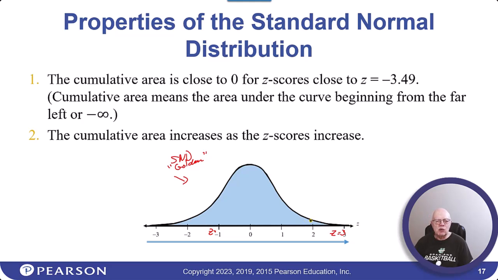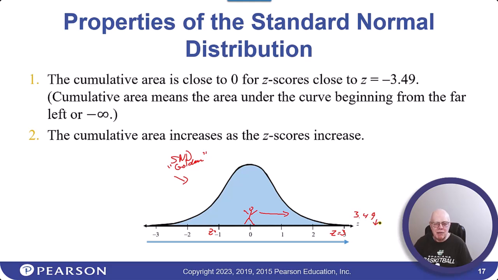If you started walking from the axis of symmetry, the mean, and you're painting under the curve, once you get out to about 3.49, you can just about put your paintbrush away. You won't see much of anything to paint back here.